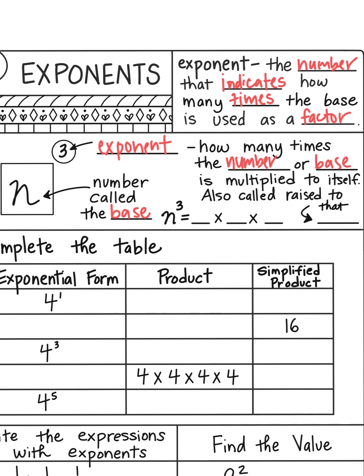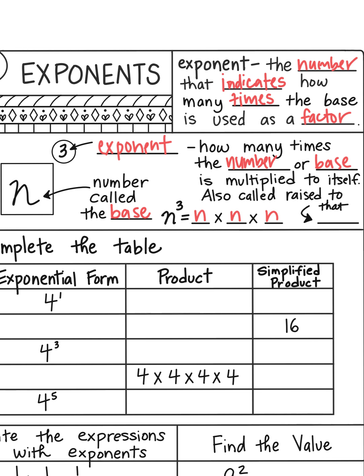So it doesn't mean 3 times 3. The exponent tells me how many times I multiply n by itself. So that would mean n times n times n.